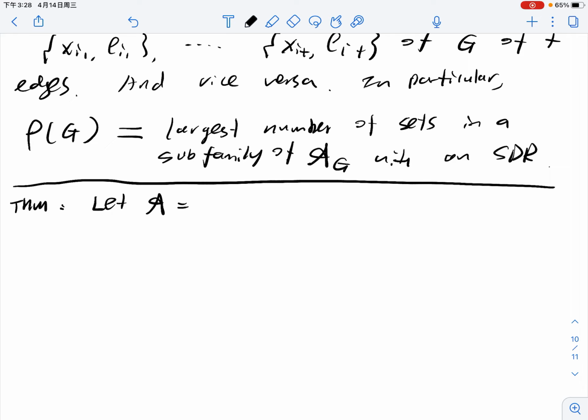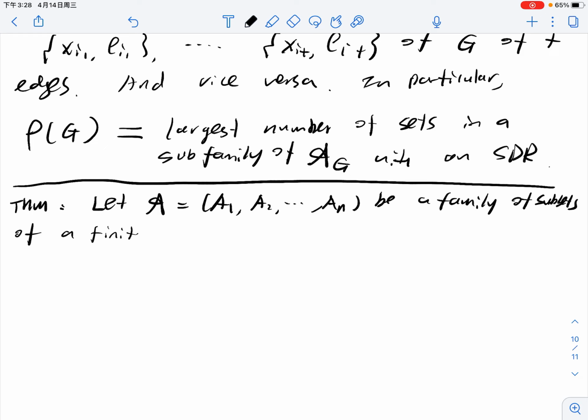So let A be a family of subsets of a finite set Y. Let t be a non-negative integer between 0 and n.